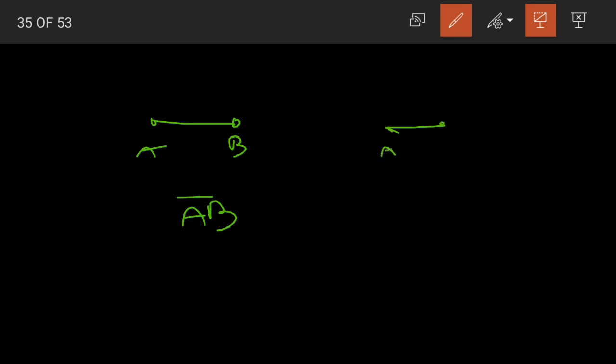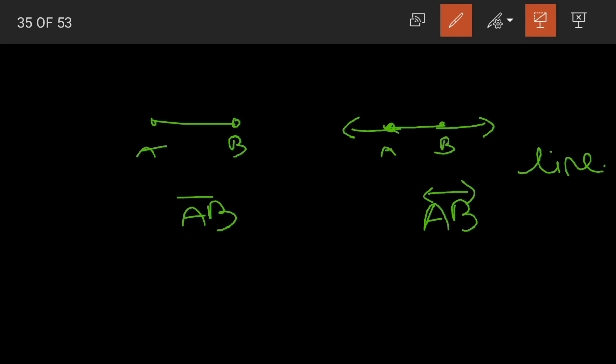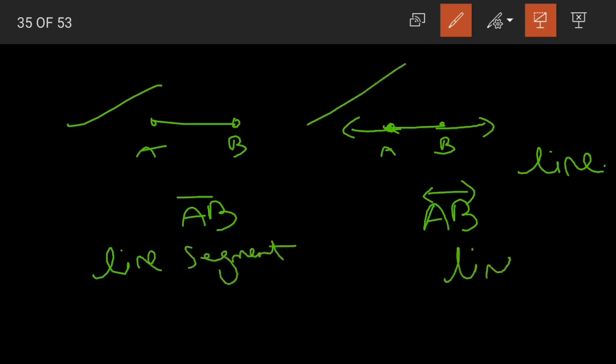Now when I have end points, but I can extend the end points on both the sides, then it is called a line and it is denoted like this. We draw a line with arrows on top of the end points. Understand? This is a line segment AB and this is line AB.